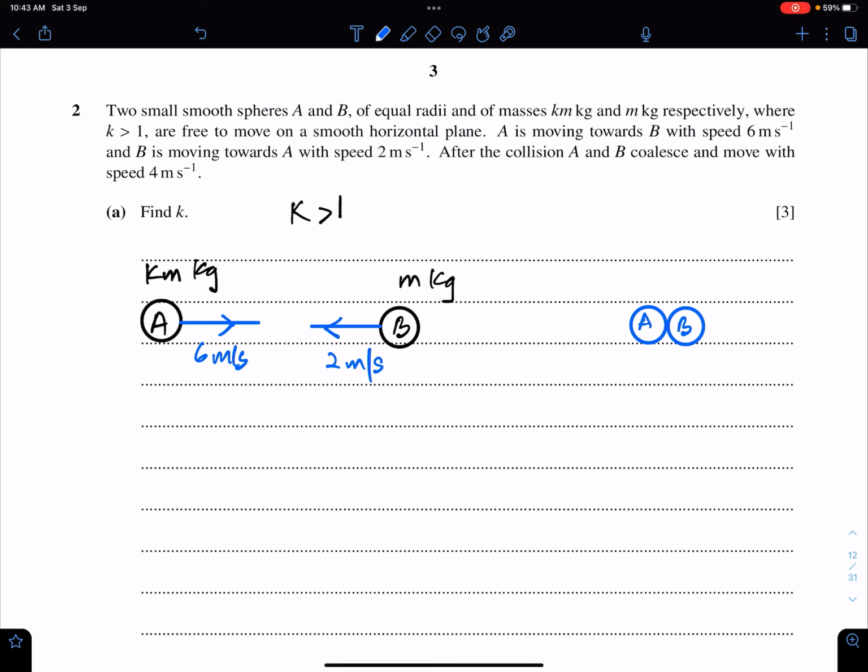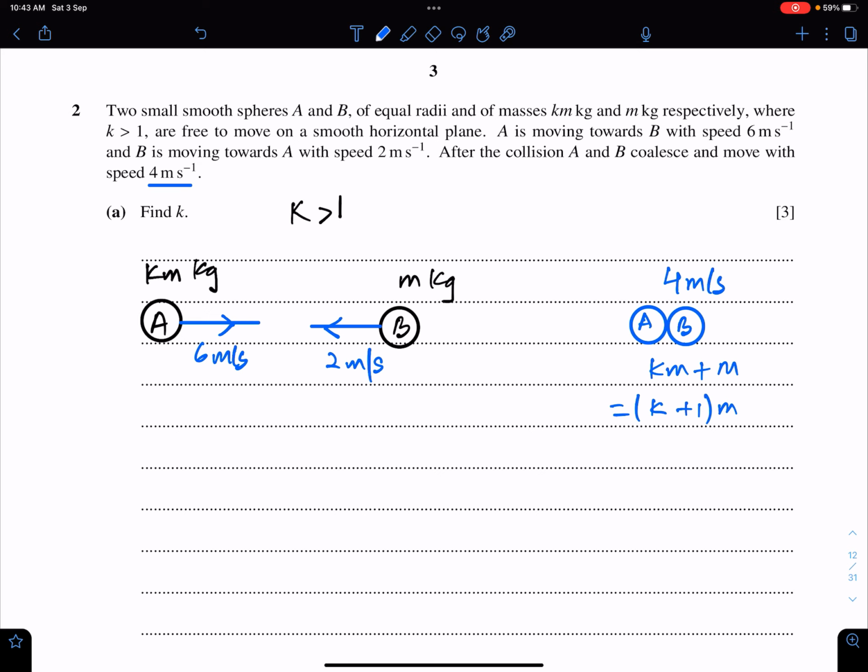A and B coalesce and their combined mass would be km plus m, which is k plus 1 times m. And their combined speed would be v, and it's given 4 meters per second. Now we need the value of k.